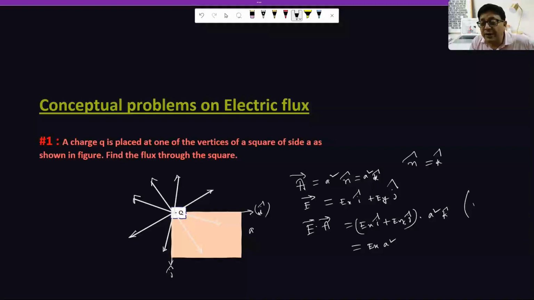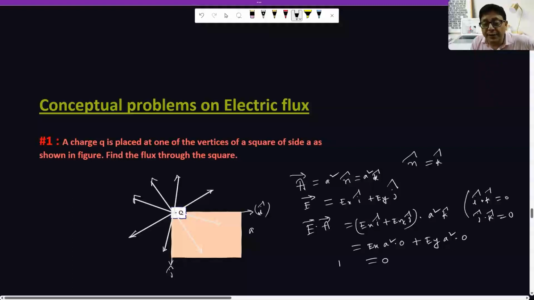What is the result of i dot k? This you know very well. They are perpendicular to each other, so the dot product will be 0. j dot k is also 0. So Ex A square times 0 plus Ey A square times 0. So E dot A is going to be equal to 0. Alright, so the flux phi through the square area will be equal to 0 only.